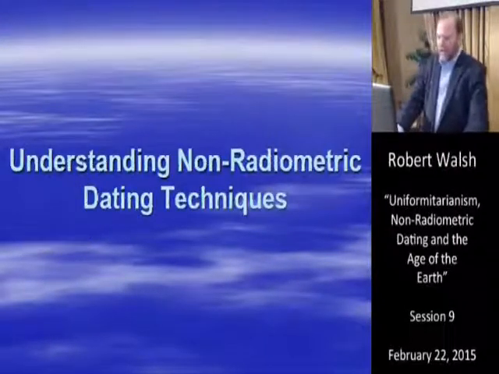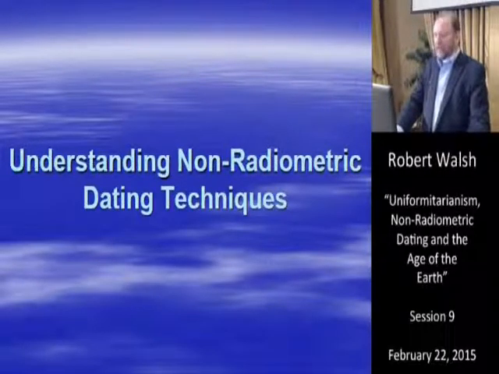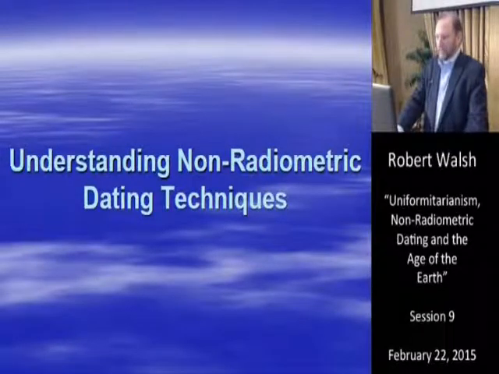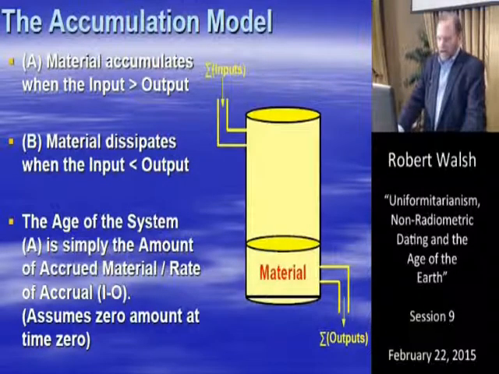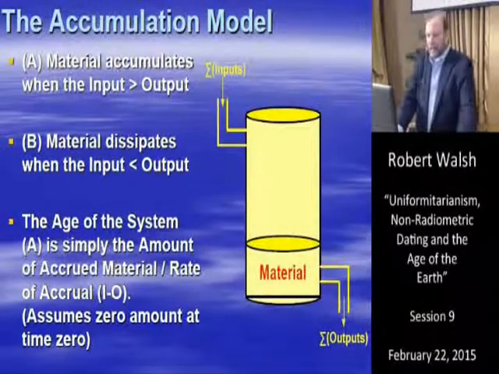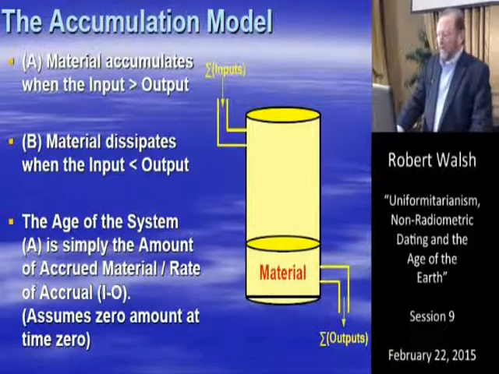So let's take a look at some of the theory behind non-radiometric dating techniques. So let's first take a look at the accumulation model. Basically all we're saying is that material accumulates when the inputs are greater than the outputs.